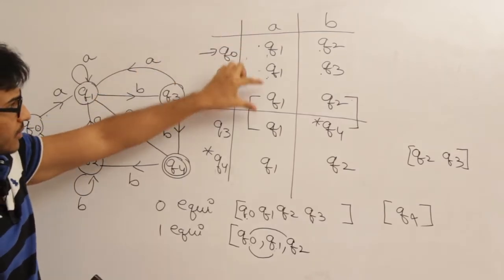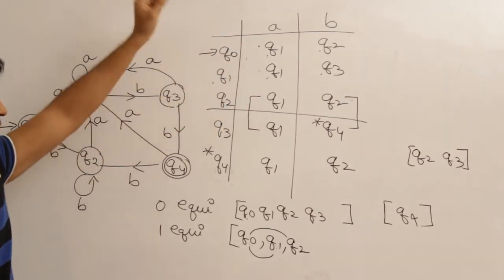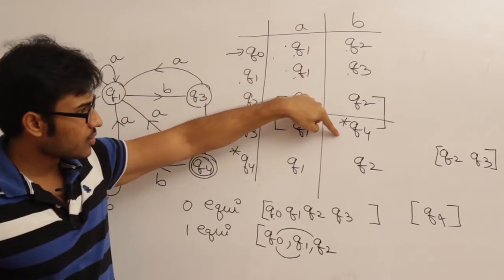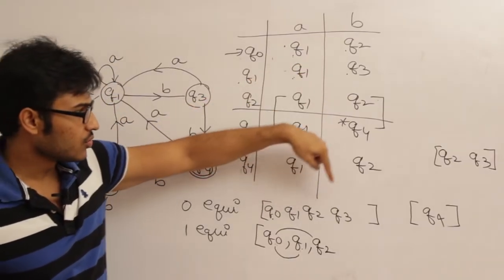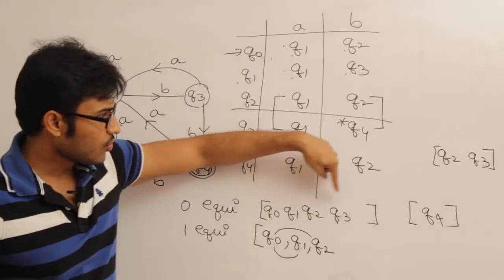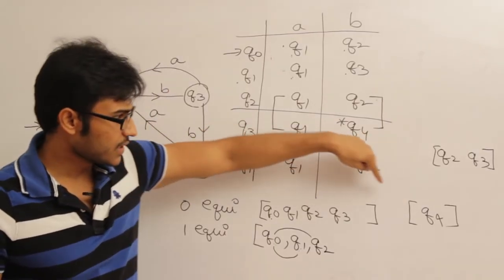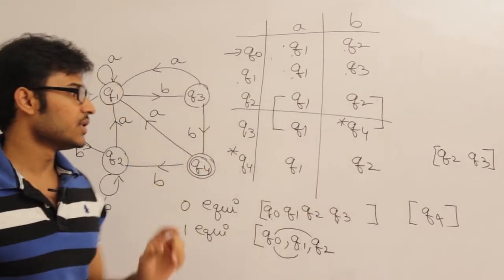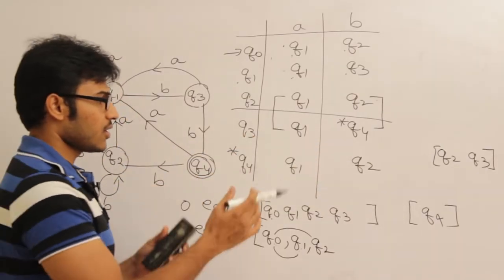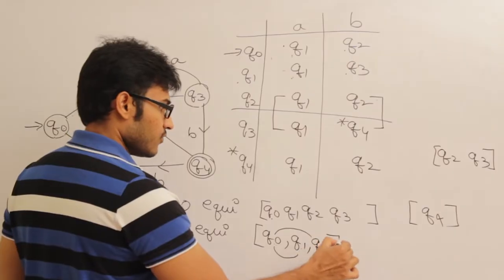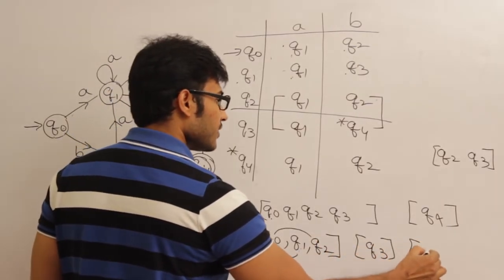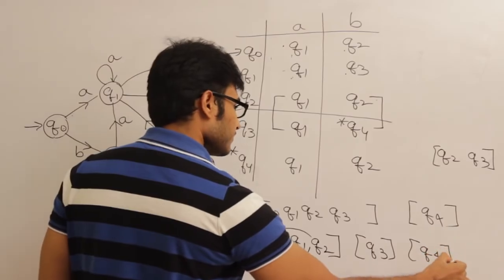On A, they both are going to Q1, so on A it is not a problem, but on B, one is going to Q2, the other is going to Q4. They are going to different groups. Since they are going to different groups, they are not one equivalent. Therefore, Q3 alone is not one equivalent with the others.